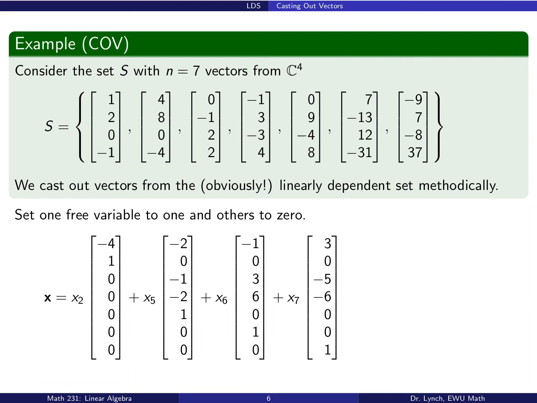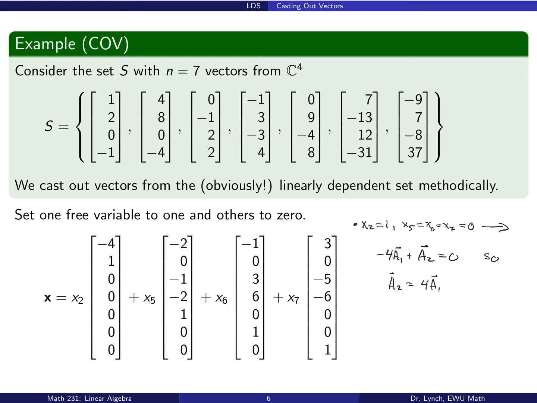Now we can cast out vectors methodically by setting one of our free variables equal to 1 and keeping the others equal to 0. So for instance, we'll start by setting x2 equal to 1, and x5, x6, x7 equal to 0.